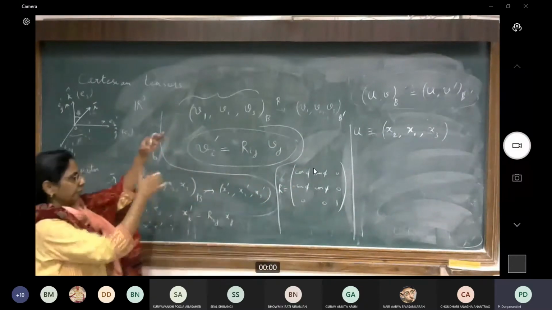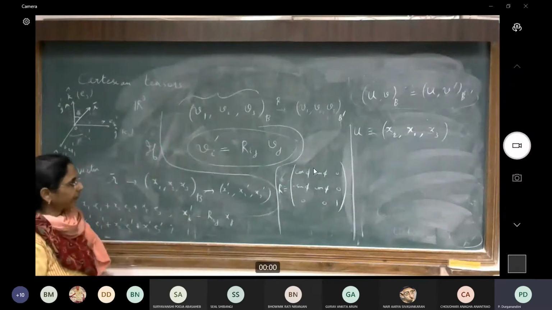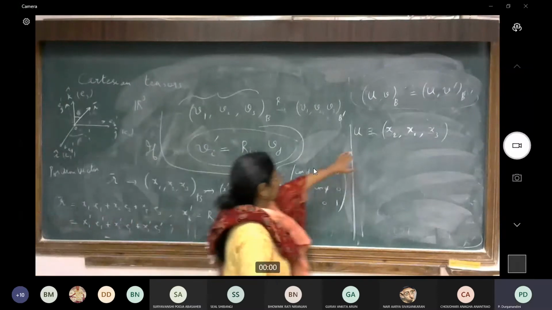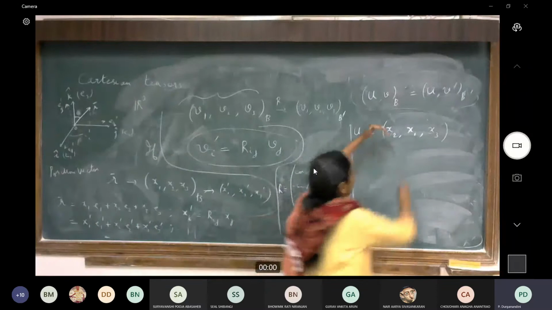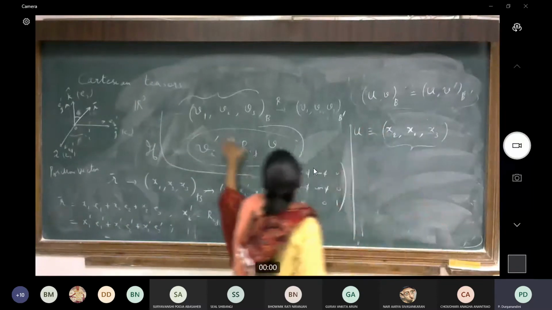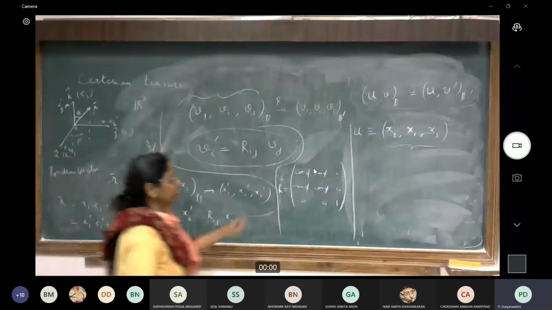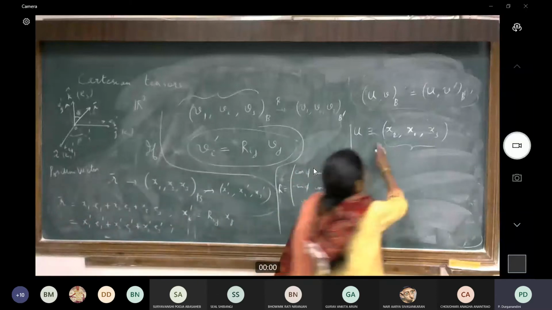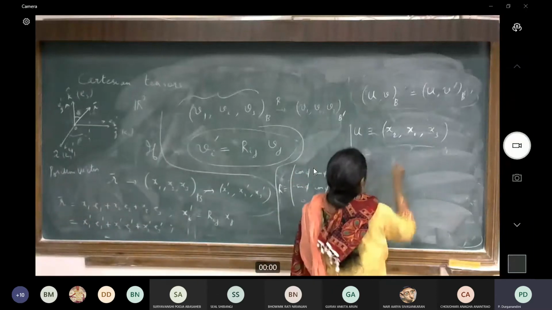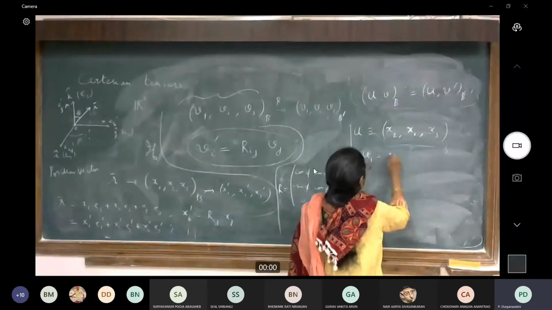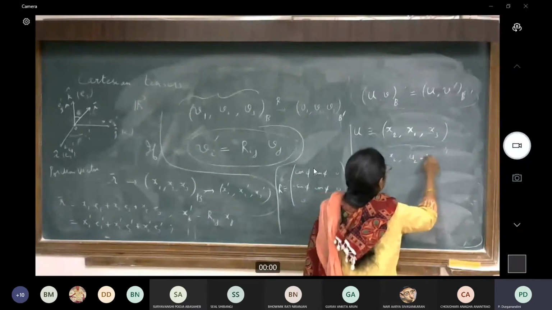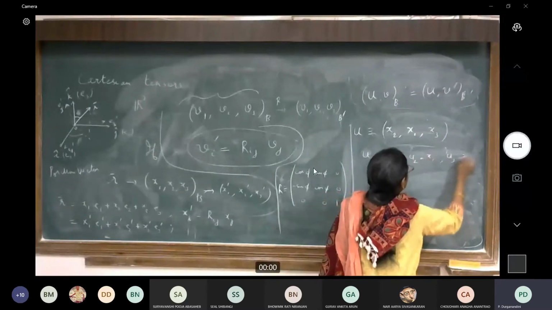Basically, I just rotated about the z axis by an angle phi. And I want to check whether this set of three quantities constitutes a rank 1 Cartesian tensor or not. All I need to check is, in this case, what is my U1? Please remember that U1 is equal to x2 here, U2 is x1, and U3 is equal to x3.